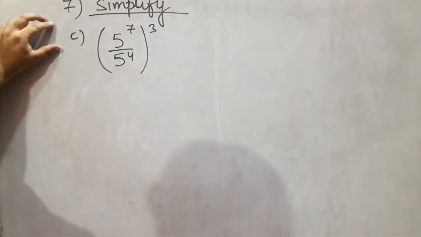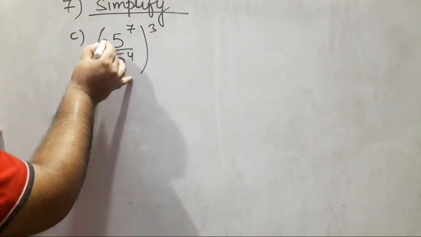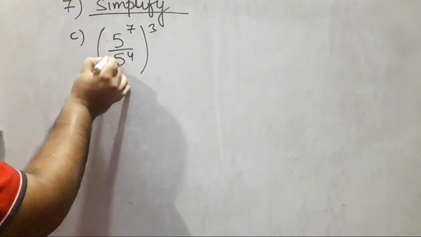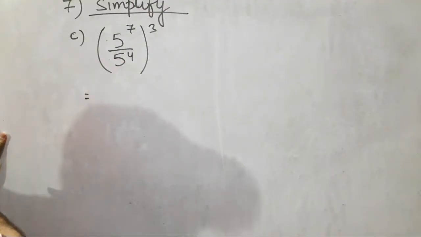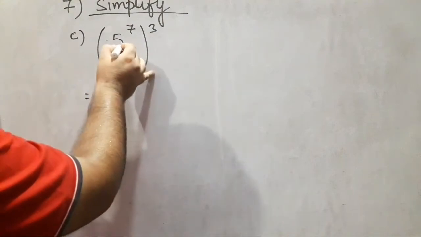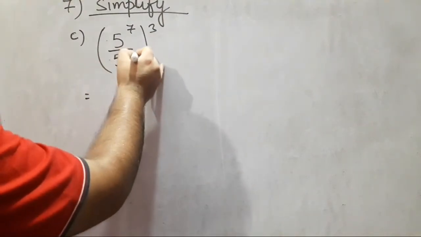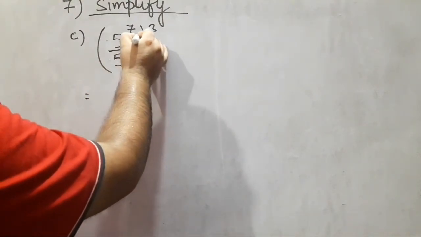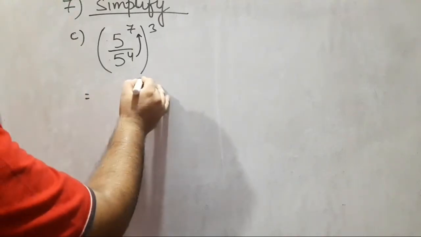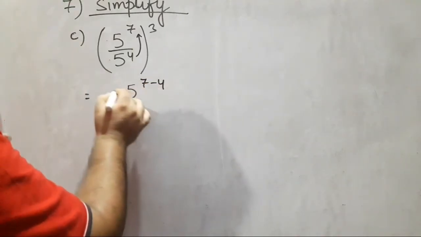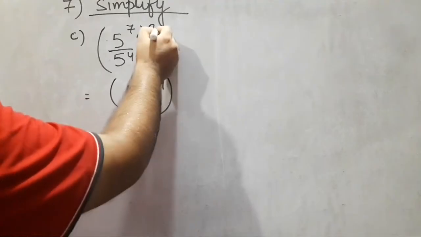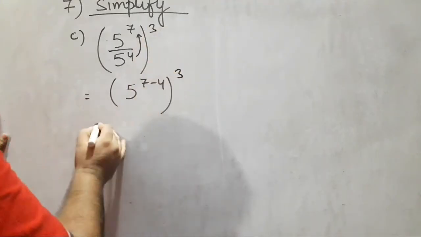This question can be done by two processes. Let me do the first process. Bases are the same, so according to the quotient law of indices, we shall solve them. Bases are the same, so the smaller power shall be subtracted from the greater power. 5 power 7 minus 4 in the bracket, and outside there is power 3.